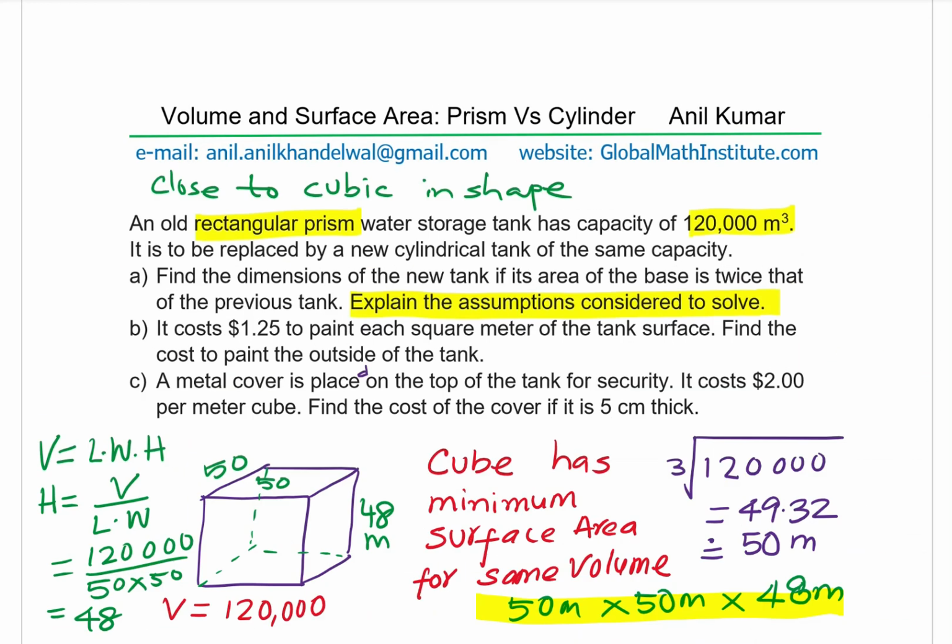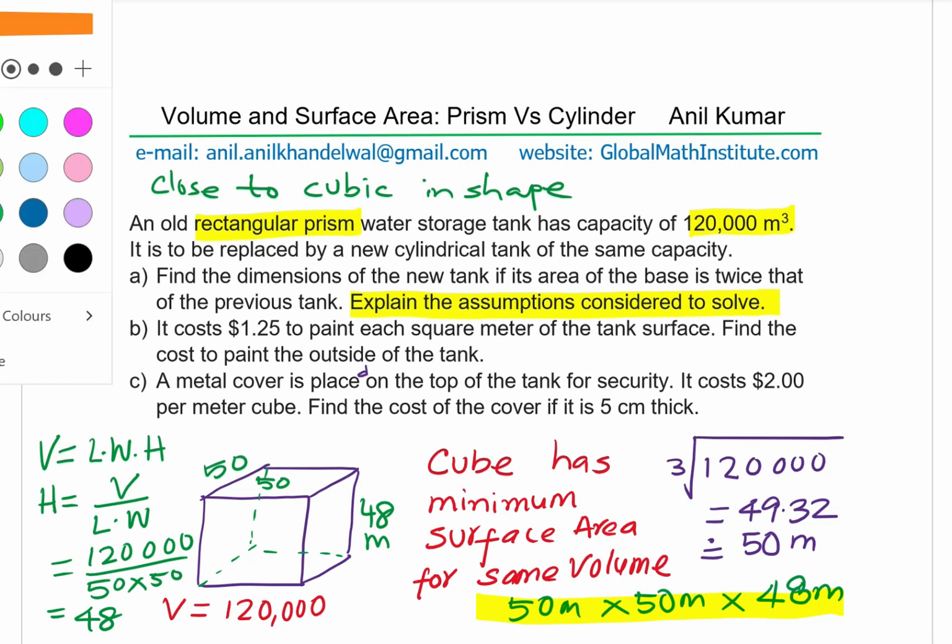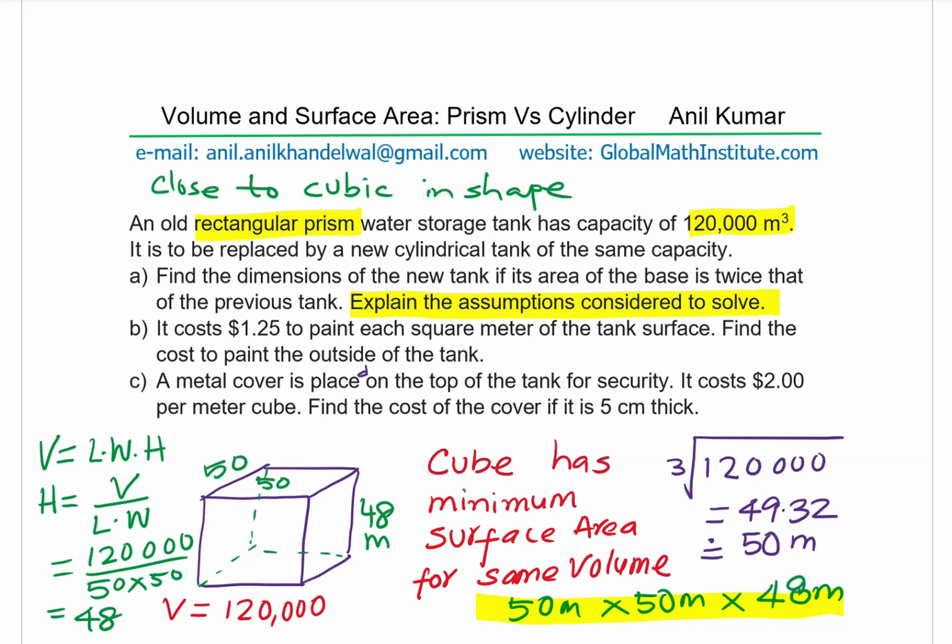So I hope with this you understand how to solve such questions. It was a very interesting question. I hope you have understood the concept. And our assumption basically was that we took the base as a square base. So this base was square for us to minimize the cost. That is the whole idea, right? So we had a square base to minimize the cost. And I hope you understand it gives you stability also.